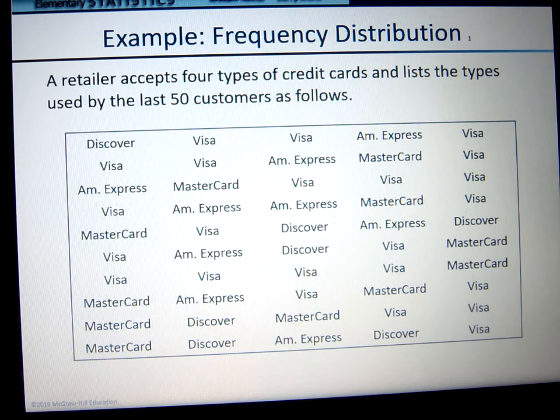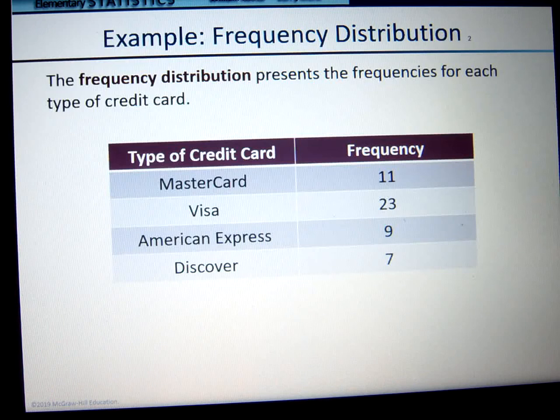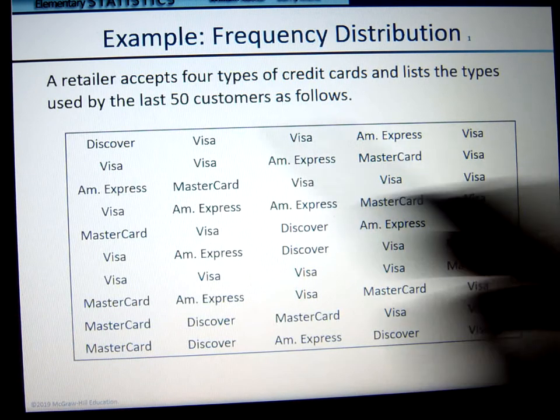So here we have a retailer accepting 4 types of credit cards and lists the types used by the 50 customers as follows. So here's just the 50 transactions and what card that they used. And if we break it down and count it, if I take a look at MasterCard, I'm going to go through and count all my MasterCards.